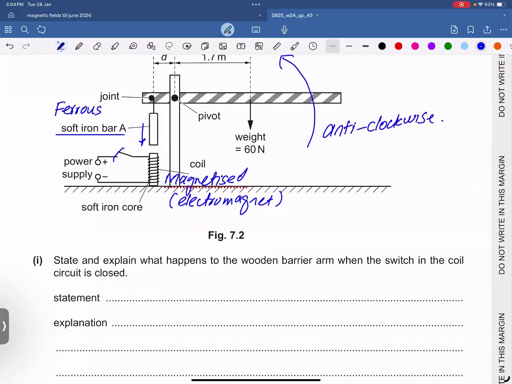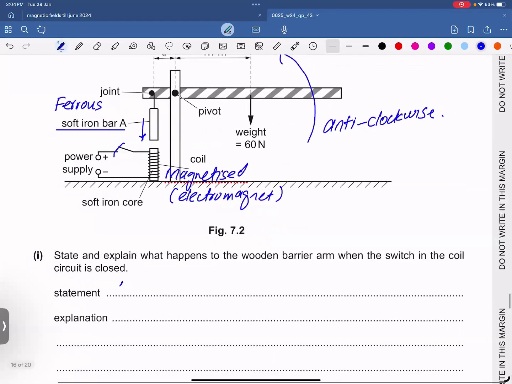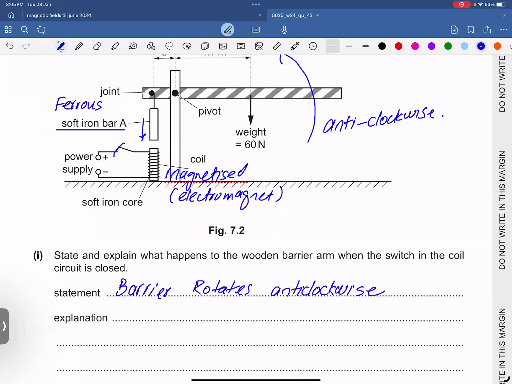Let's write it down. So what happens to the barrier? The barrier rotates anti-clockwise. Why? As I told you, when the switch is closed, the coil is magnetized.